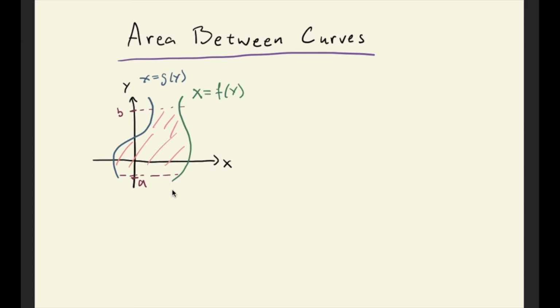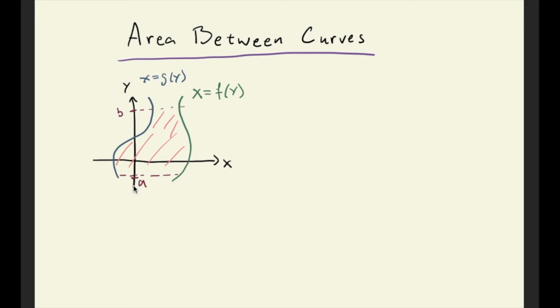Okay, and so this one is on top, right? So the green curve is on top of the blue curve because look at the direction of the x-axis, right? It goes to the right. So the more to the right you are, your x value is going to be bigger, right?